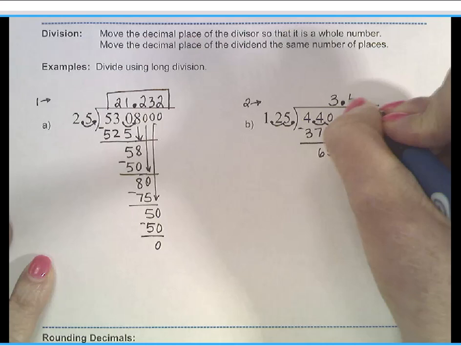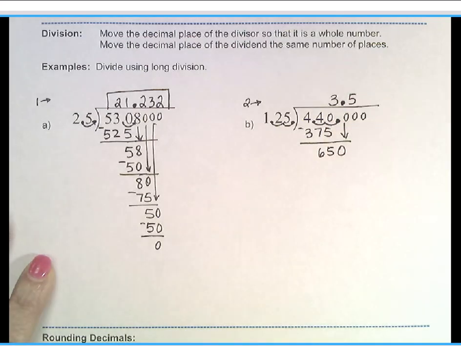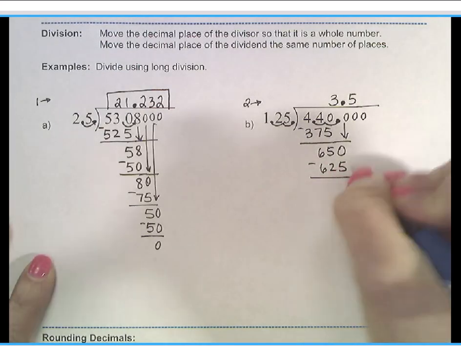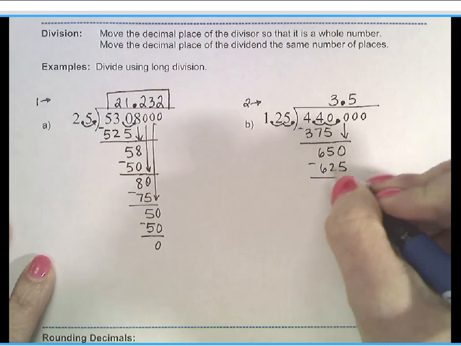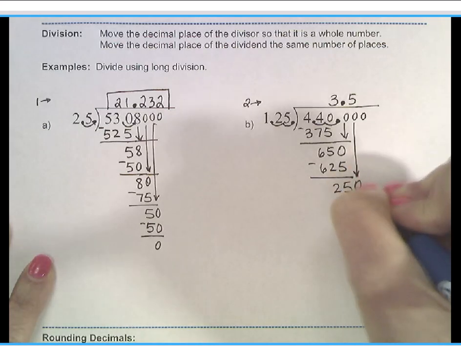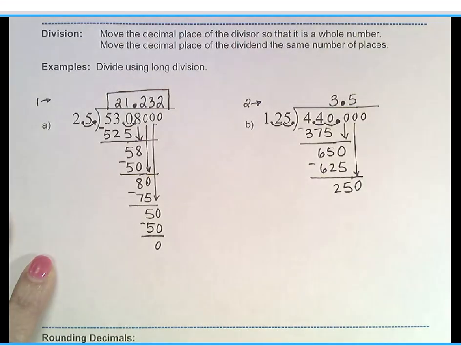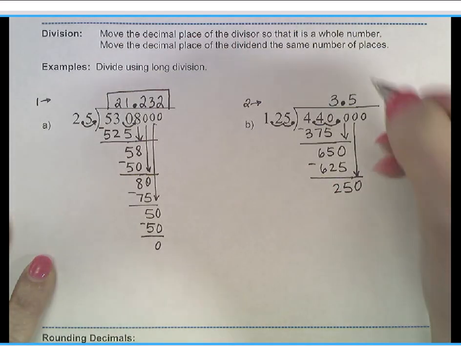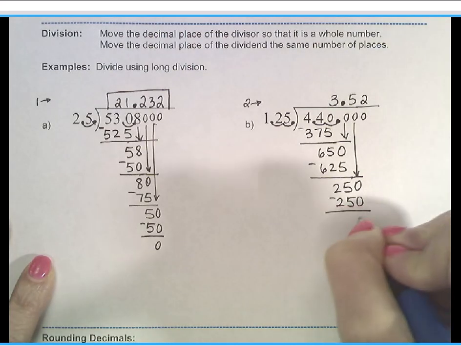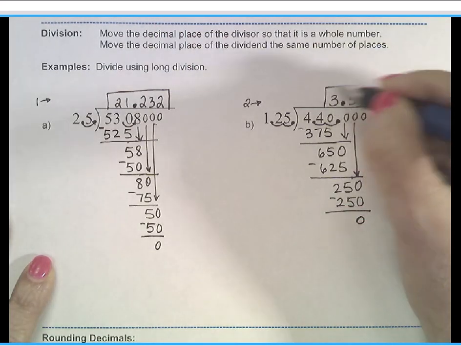Here's my decimal. 5 times 125, that's going to be 625. Get a remainder of 25. Carry down a 0. How many times does 125 divide into 250? It goes in there twice. And we're going to get another one with a remainder of 0.